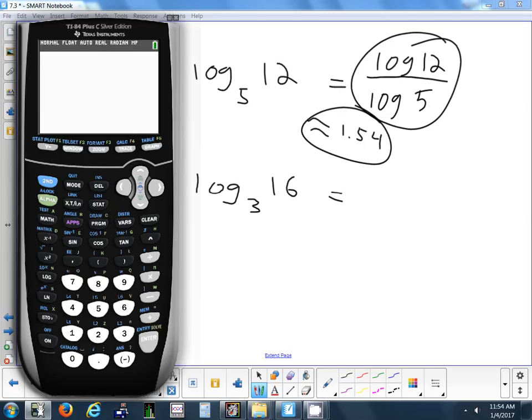I want to know what that comes out to. Log 16 divided by log 3. Exactly. Type it in just like that. Log 16 divided by log 3.